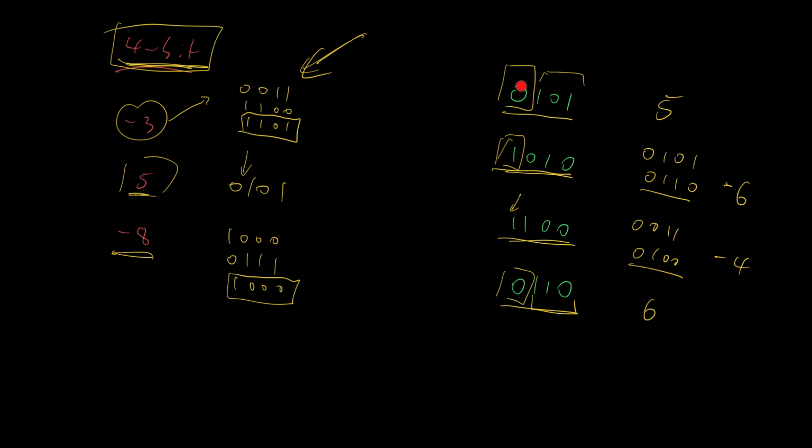If it is a 0, then it's a positive number. This, of course, means that the largest positive number will be 0, followed by however many 1s we need to make up the number of bits in our representation, and the smallest negative number is going to be 1, and then however many zeros we need to make up our representation.